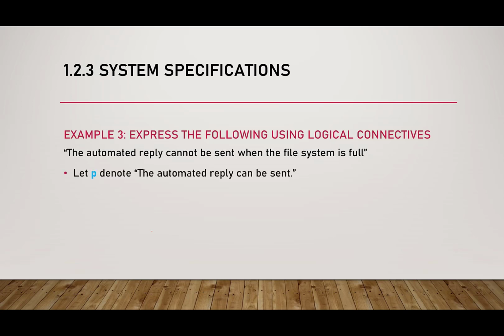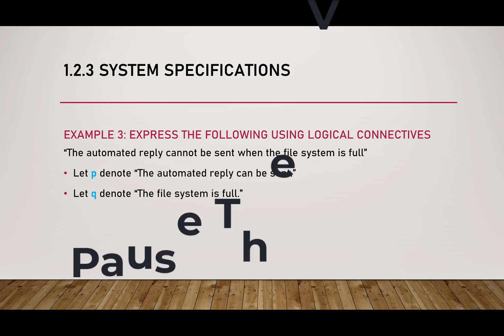So let P denote the automated reply can be sent, right? Okay, there's that little negation removal thing. Let's take a look at the next variable, Q, the system is full, right? Between those two, I think we can see pretty easily how to convert this into a propositional statement. So take a minute, pause the video, see if you can crack it real quick, and then come right back.